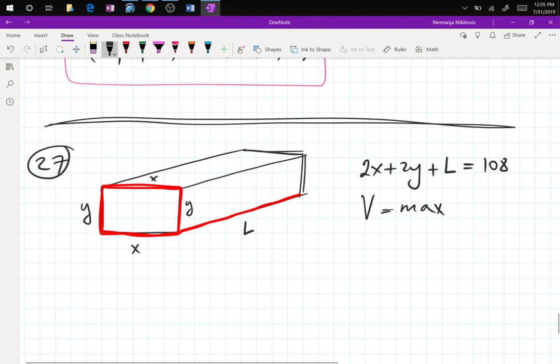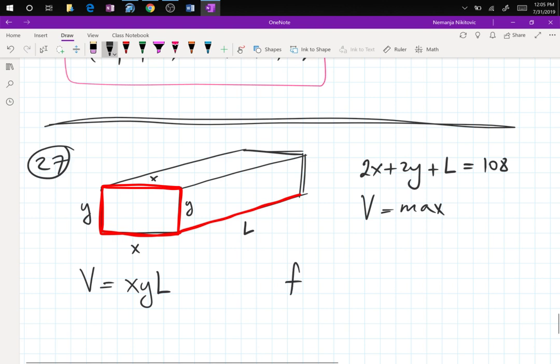Great. So who can tell me what is the volume of this box? Just crickets on the other end. Come on, guys. What is the volume? XYL. Thank you. XYL.